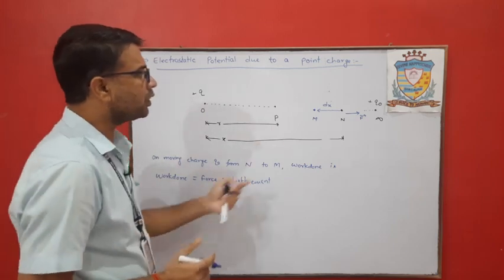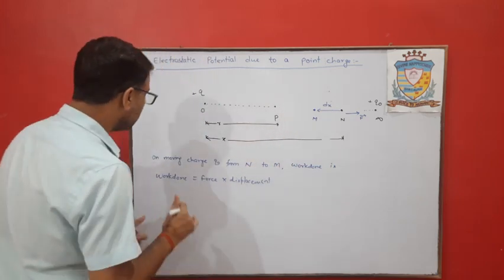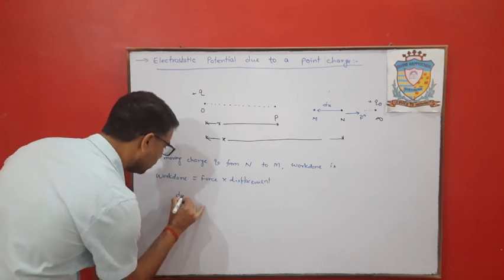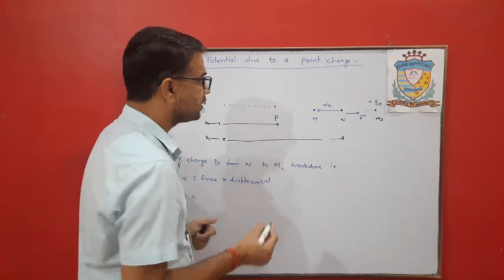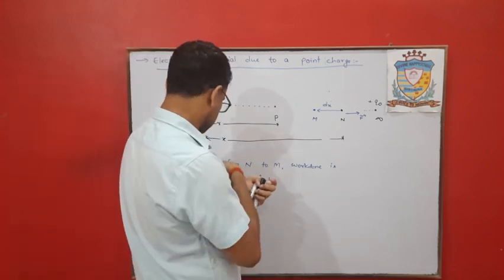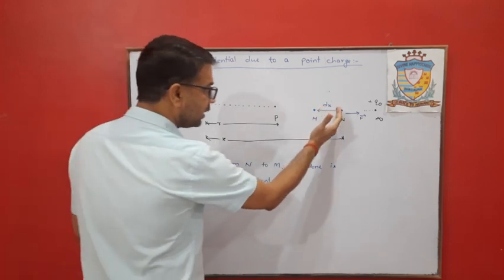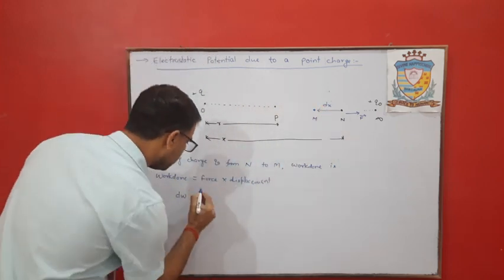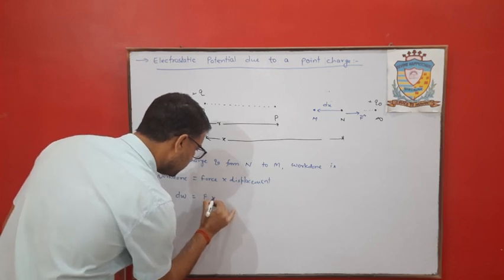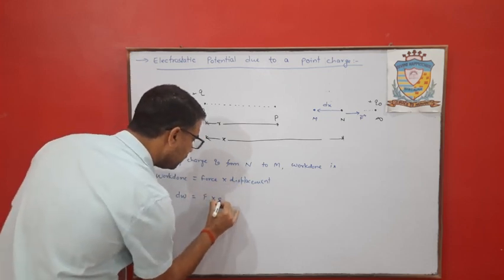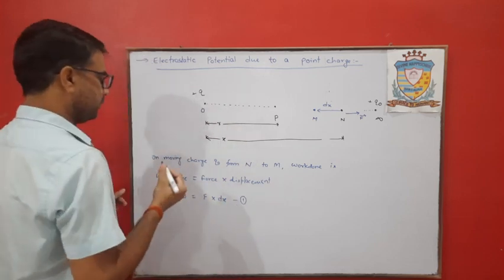If this distance is very small, we have to calculate the small work done, dW. dW is equal to force, the amount of force being the same. This will be the external force that we apply in this direction. So F into displacement dx.